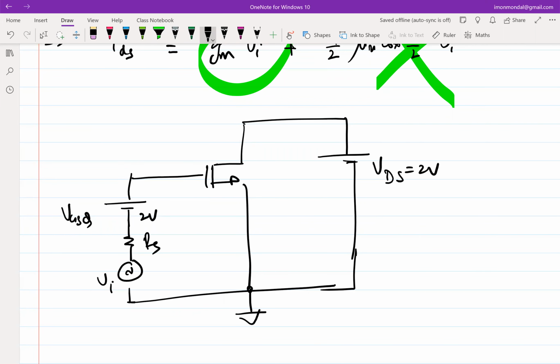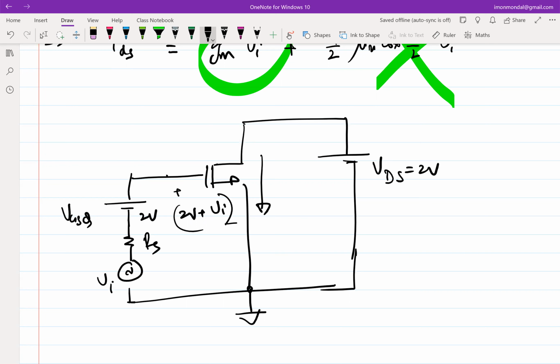Make sense? So what will be the total voltage between the gate and the source? It will be equal to 2 volt plus Vi. It's no longer clamped to 2 volts. Your Vi can move, right? Your gate to source voltage can move. So the first objective is served, right?